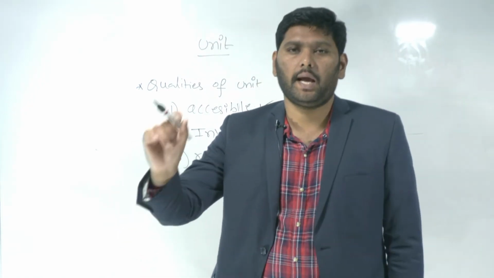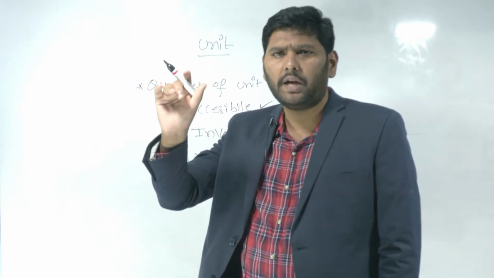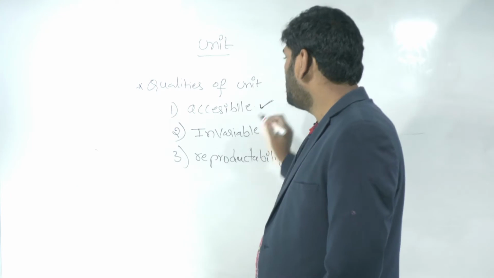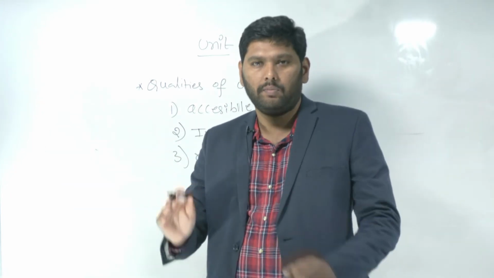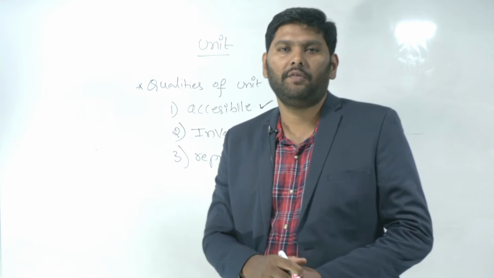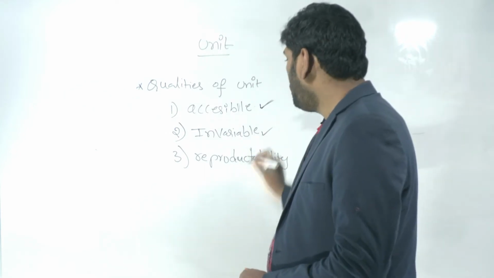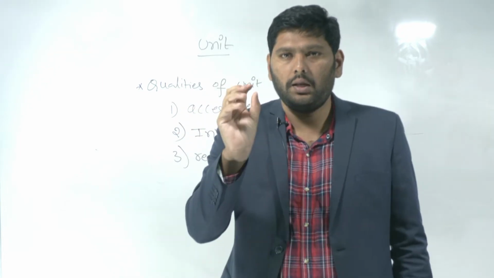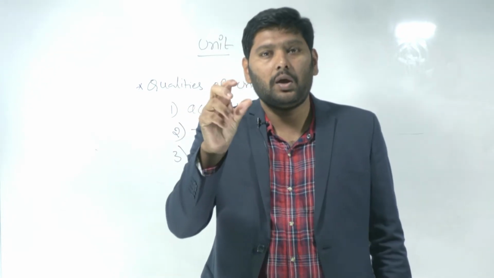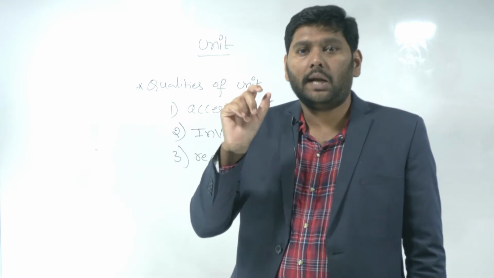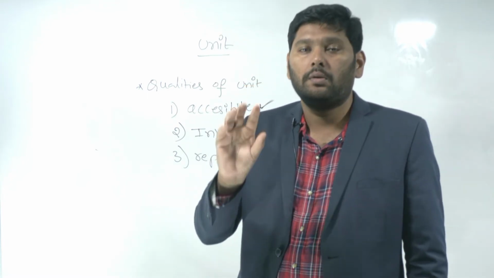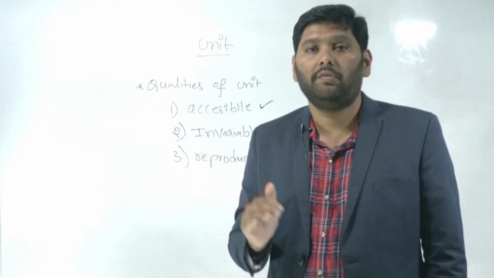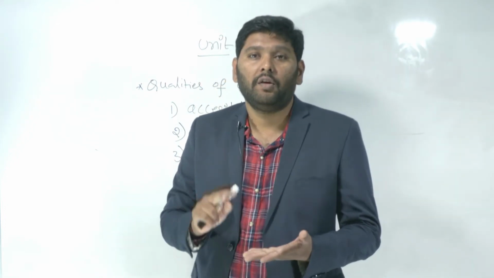Whatever standard value you are using as a unit must be easily accessible, meaning we can apply it easily to the physical quantity. And invariable: whenever we take any standard value as a unit, that unit must be invariable, meaning the amount cannot change with time, with temperature, with pressure.